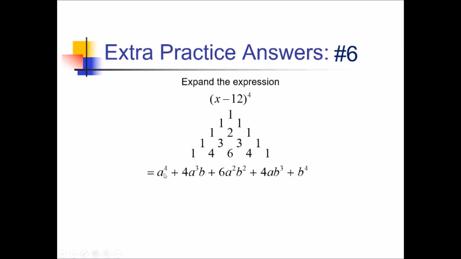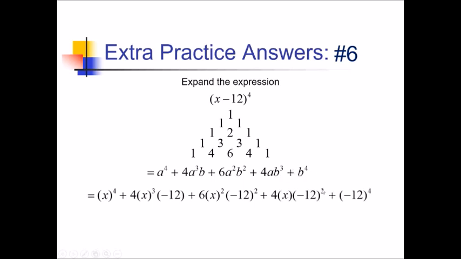So for a to the fourth, we've got x to the fourth. The next term is 4x cubed times negative 12. Then we have 6x squared times negative 12 squared, followed by 4x times negative 12 cubed, and finally we have negative 12 to the fourth being added at the end there.